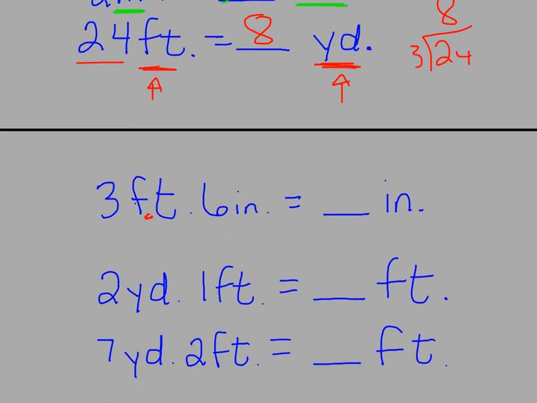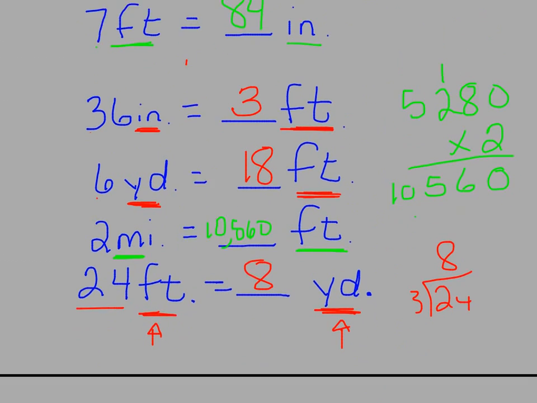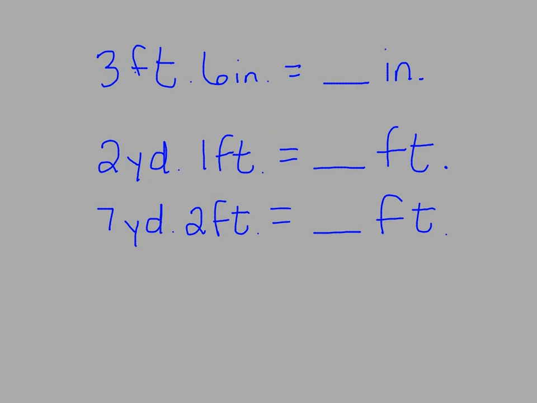Let's look at some other ones. There are some different ones on the page that we had to do. This time we are taking a measurement where we have 3 feet 6 inches, some feet and a little bit of leftover inches, and making it just into inches. Here we're going to look to see which one we need to change. Well, this is already in inches, so we need to change the feet to inches.